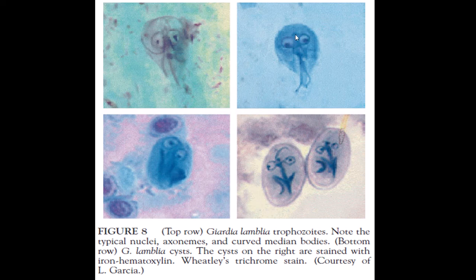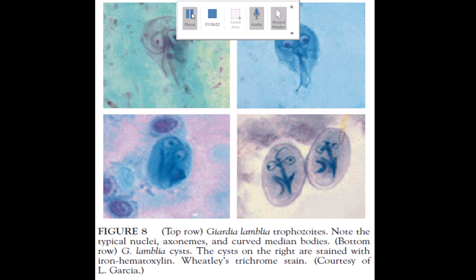So as if it's a face that's wearing glasses in a way, and you can see the flagella that it uses for locomotion, propelling type of motility. So remember Giardia lamblia and giardiasis. Here the cyst stage and the trophozoite stage.